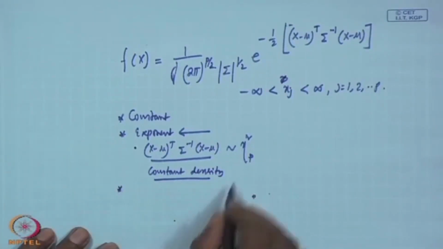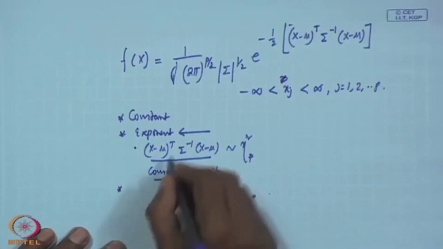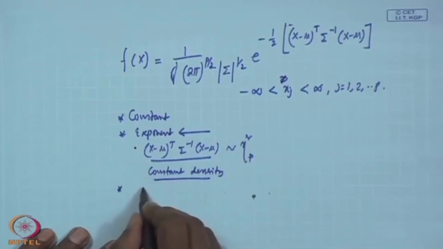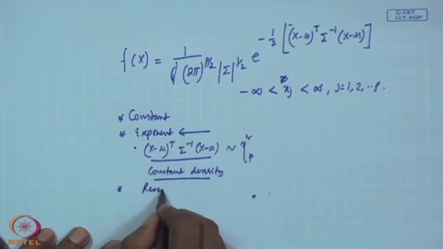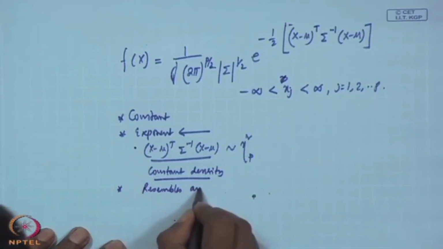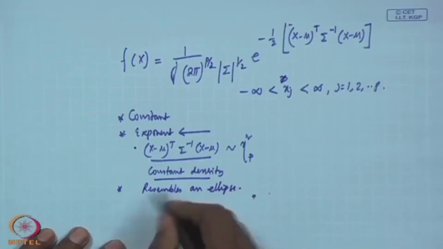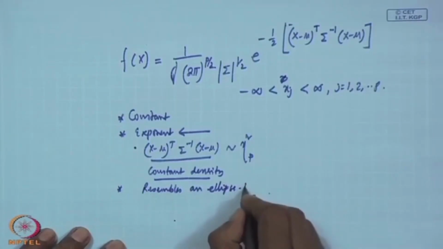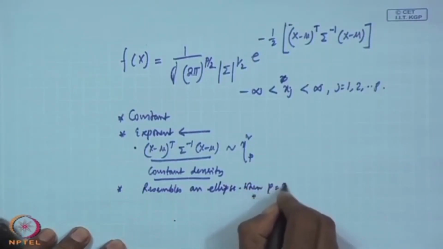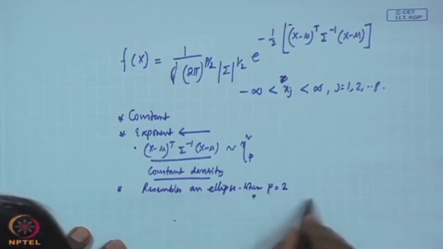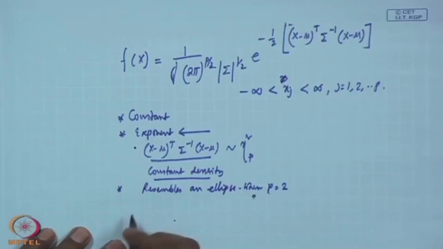Now this formula is chi square, but this quantity resembles an ellipse. This will be an ellipse when p equal to 2. For more than 2 variables, it will be an ellipsoid.